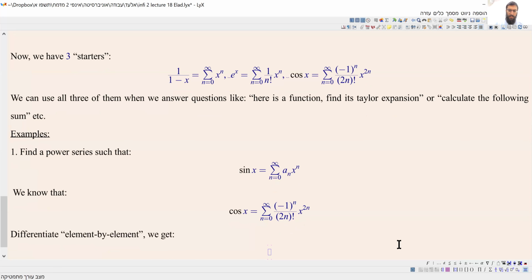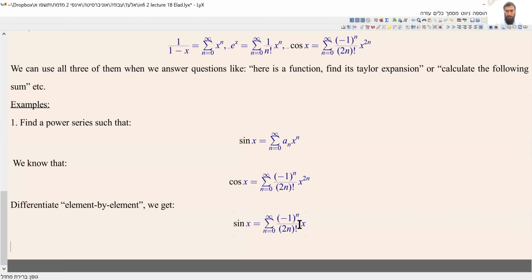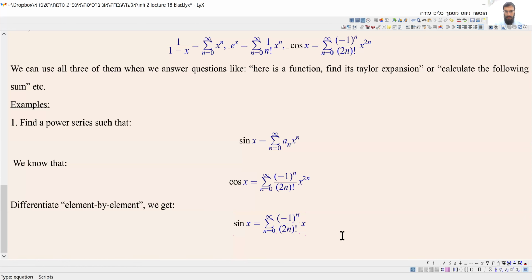We get, on one hand, sinus x, on the other hand, x to the power of 2n minus 1.